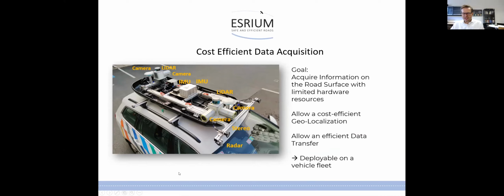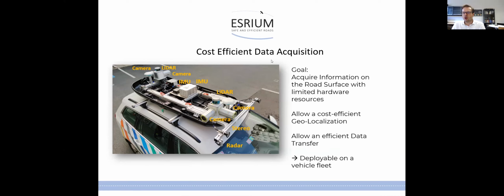So what we have seen so far in this presentation is that there are numerous survey-grade scanning systems which can gather information of the road surface in good resolution and also good geolocalization.